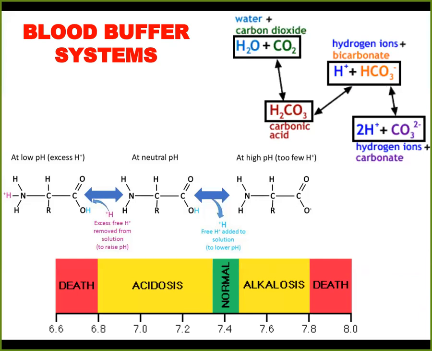And buffer systems, the carbonate buffer system, phosphate buffer system, protein buffer system, and hemoglobin buffer system, all these systems in our blood are used mostly to protect from acidosis.